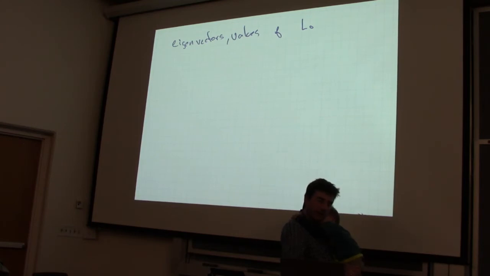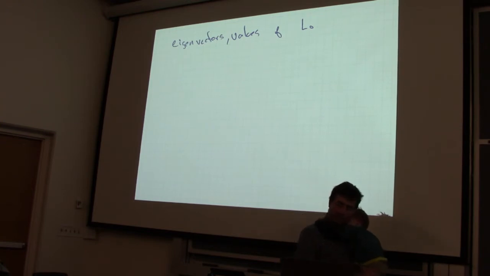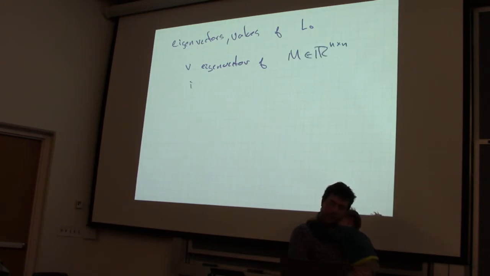V is an Eigen vector of M, which is a square matrix, say n by n, if Mv equals lambda v, where lambda is a scalar, and this is called the eigenvalue.